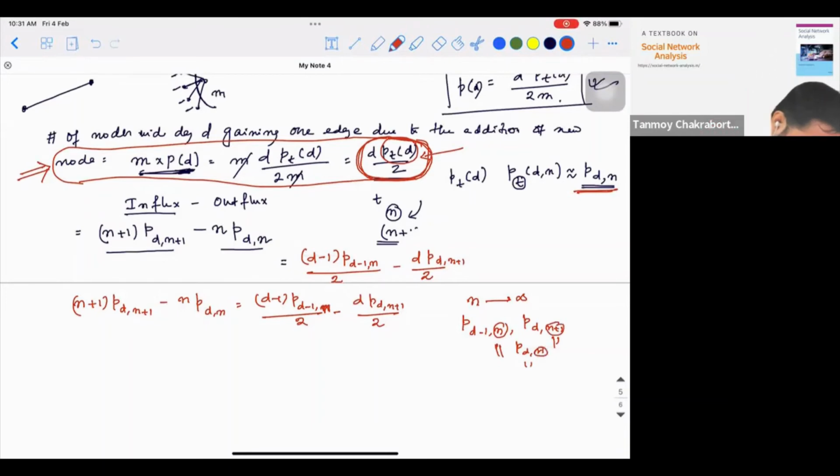So again, I am simplifying the notation. I will ignore the term n plus 1, n, right?